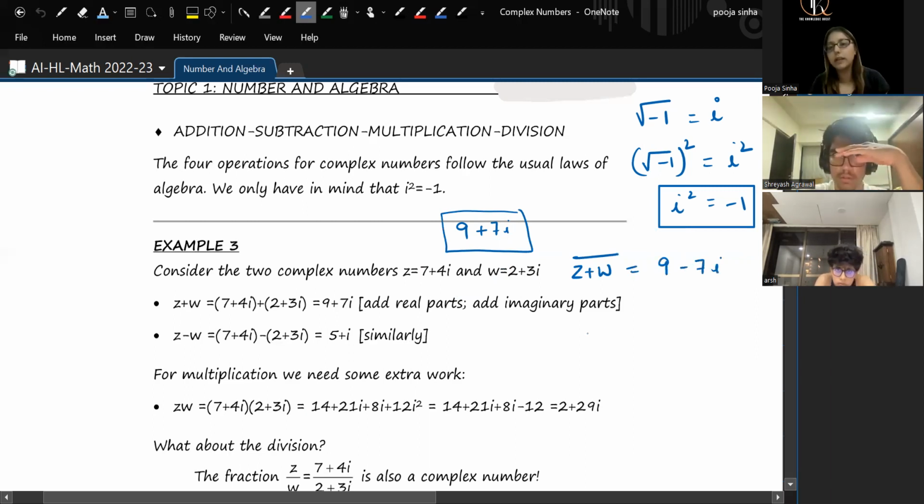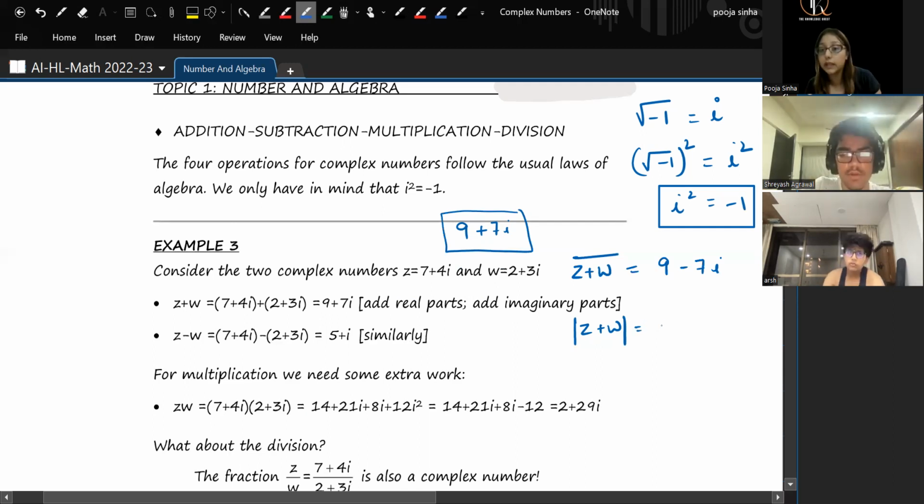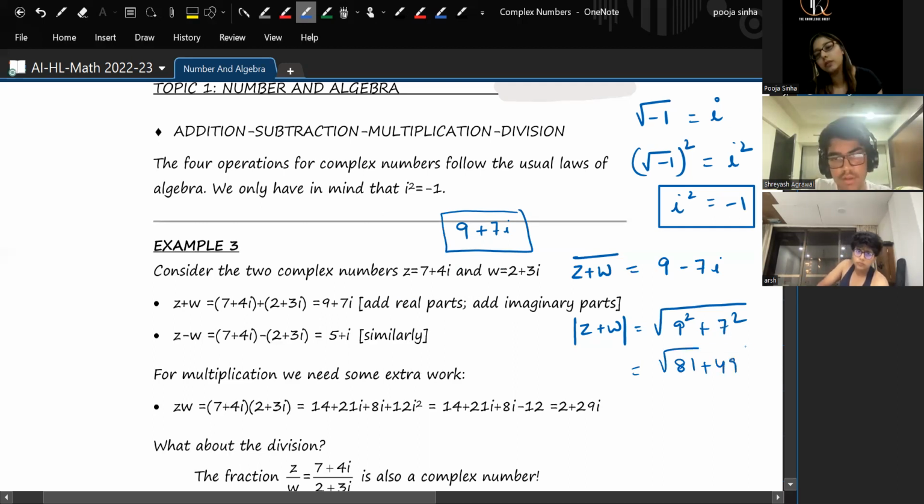Now I'll ask you, what is this? It looks complex, but what will the answer be? 9 plus 7i, right? So 81 plus 49, whole root. This is the modulus. What did we do in modulus? Root of x squared plus y squared, right? So 9 squared plus 7 squared, which is 81 plus 49, under root, is equal to how much? 130.